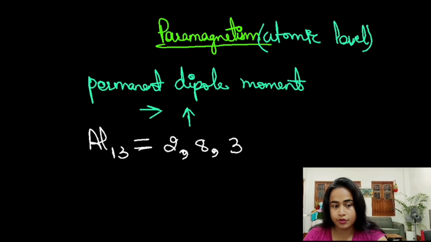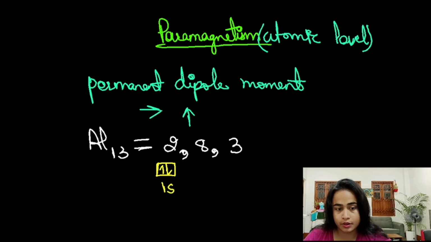So let me first fill up these electrons in the shells. As we know, the first shell, K shell, can only have 2 electrons, and the subshell would be the s shell. So here 2 electrons are placed like this, and this is your 1s, first shell completed. Now let's talk about these 8 electrons.